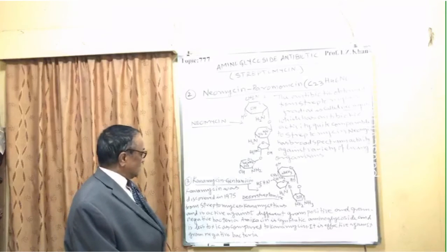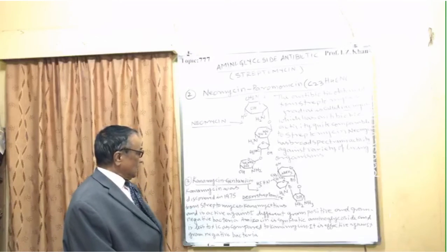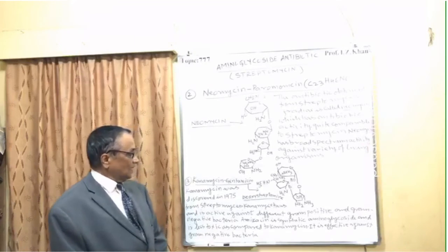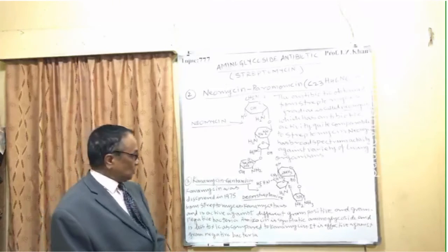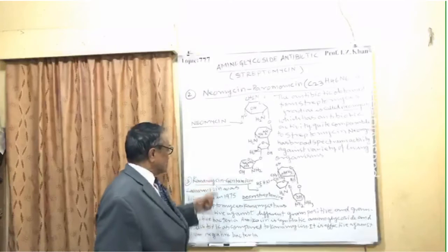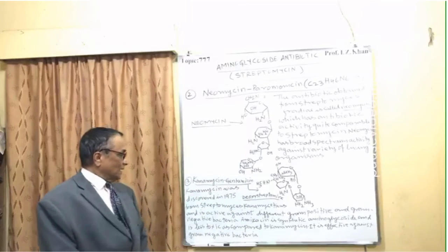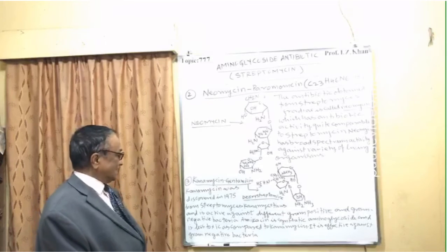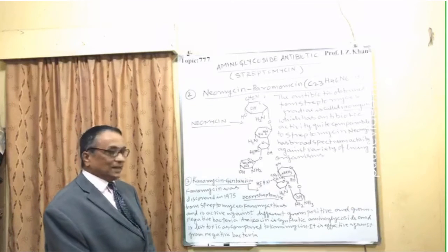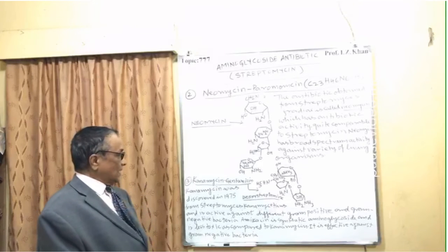And number 3 is kanamycin, gentamicin. This kanamycin was discovered in 1957, and it was from Streptomyces kanamyceticus. So that's why, from kanamyceticus, it is isolated, that's why it is given the name kanamycin, or the other name is gentamicin, and it is active against different gram-positive and gram-negative bacteria.